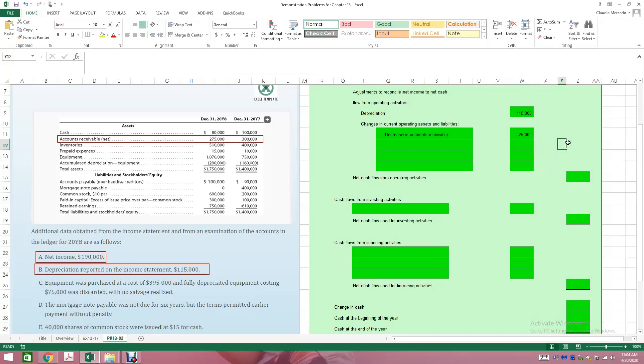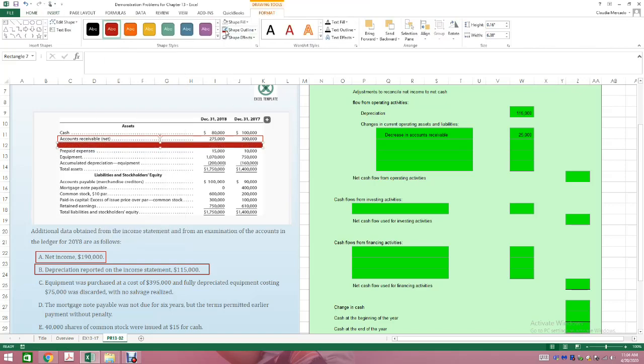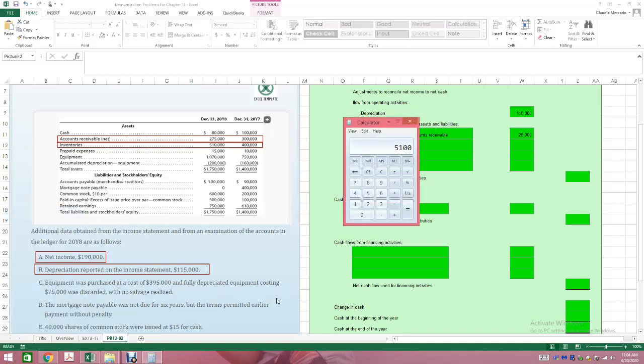Okay. The next thing we have is inventories. What happened to my inventories? Well, it went from 400 to 510. So my inventories increased. By how much? Well, 510 minus 400.